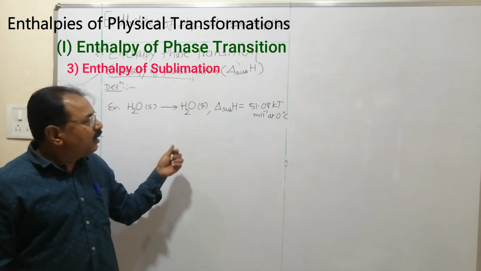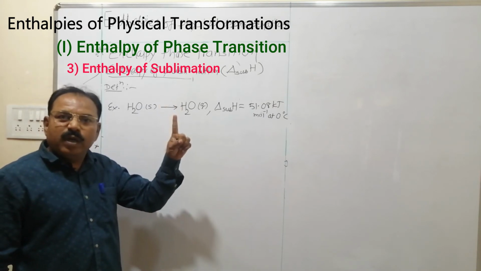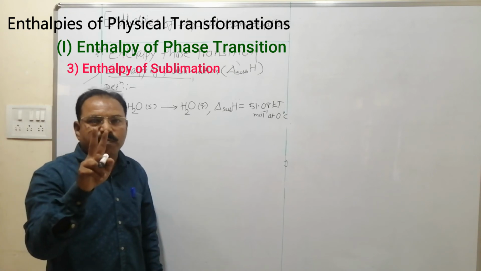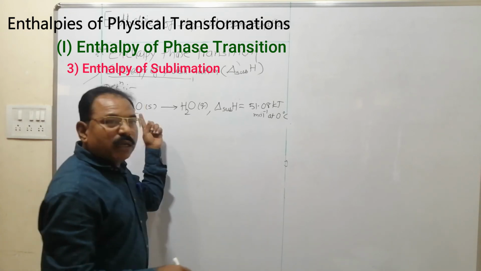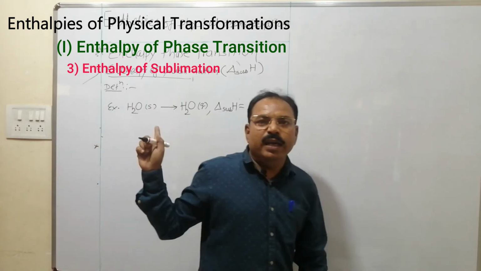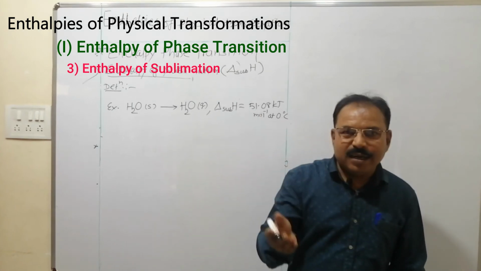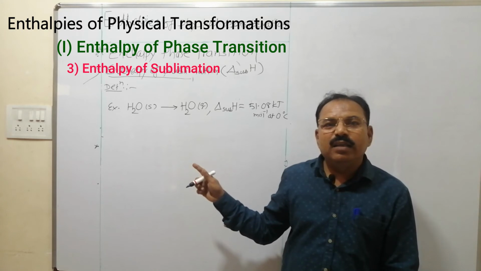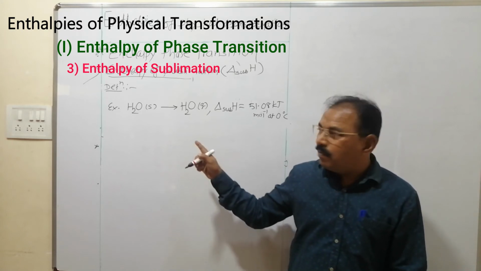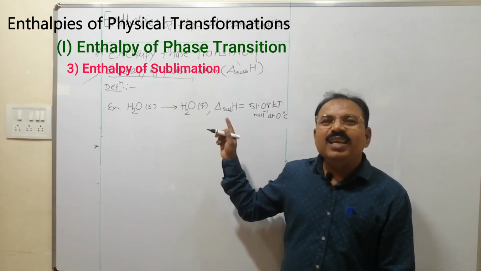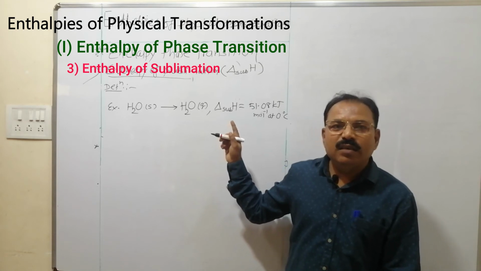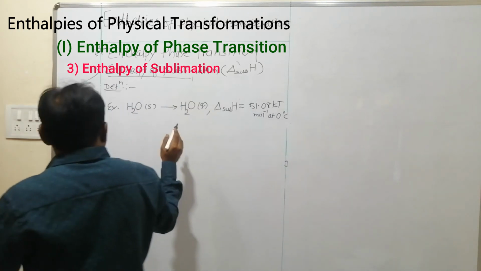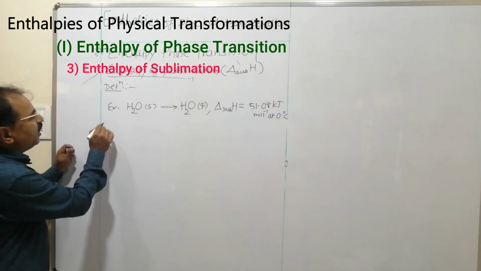It takes place in one step or in two steps. First, melting of solid, and second, vaporization of liquid. The change in enthalpy is same as the enthalpy is a state function. These two steps at 0 degrees Celsius.